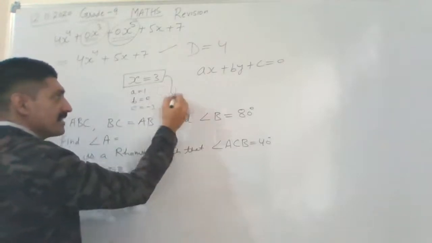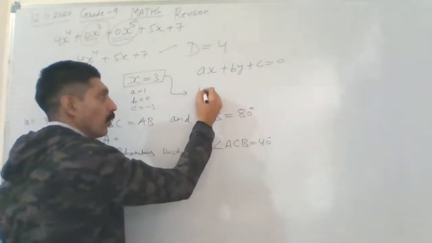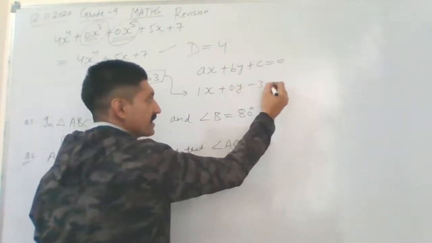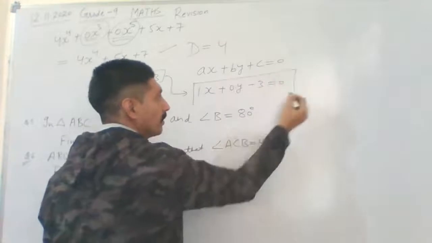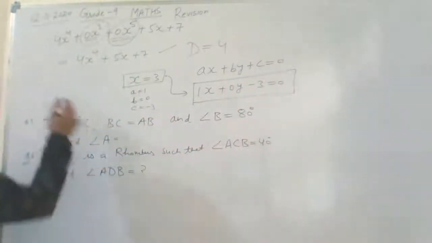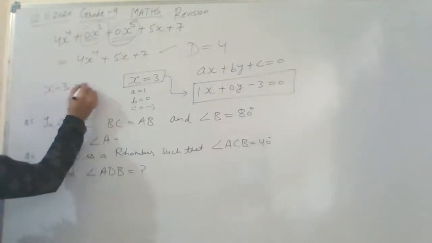If I write this in standard form, I will write 1x plus 0y minus 3 is equal to 0. This is the standard form, or simply x plus 0y, or even we can write it as x minus 3 is equal to 0.